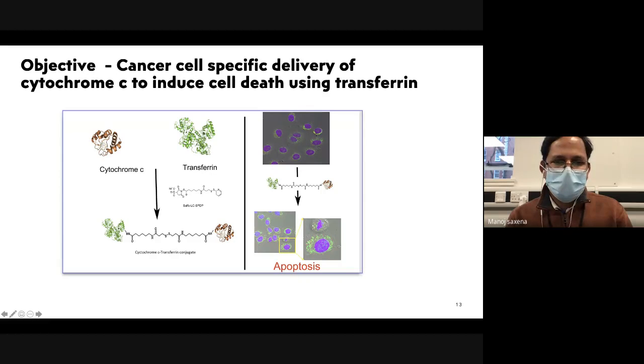They were attached in such a way that they will go inside and then separate because of the reducing environment inside the cell, and then induce apoptosis in the cancer cell. I will tell you more detail in further slides.